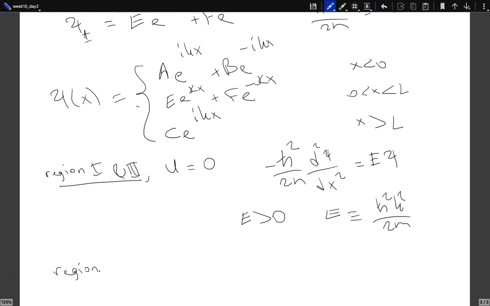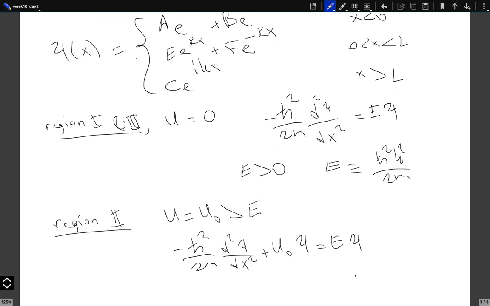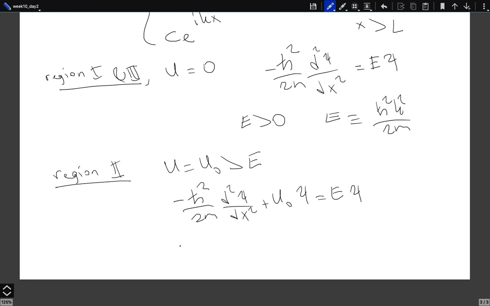Now in region 2, U is equal to U0, which is larger than E. So now the Schrödinger equation is this one. Or if I bring it to the previous form, d squared psi by dx squared should be equal to minus U0 minus E psi.